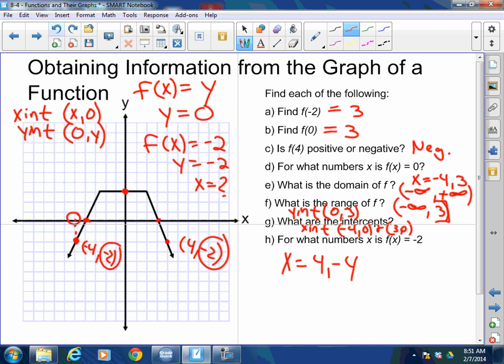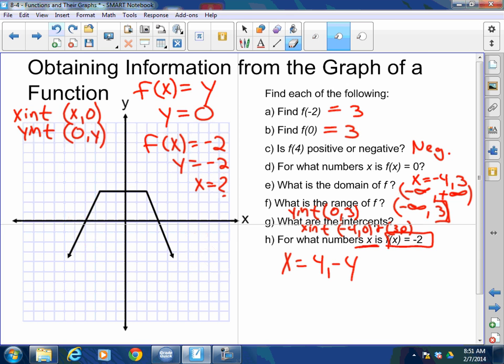Talk to me, brother. Okay. I want to know what x values give me an f of x of negative 2, right? Remember that f of x is y, correct? This is the negative 2 here, right? So if I go like this, what x value is attached to that? 4.